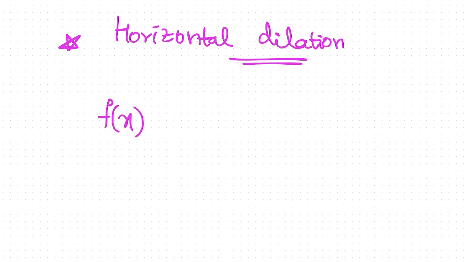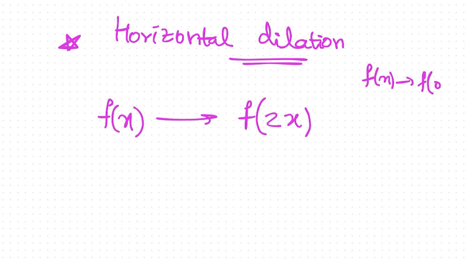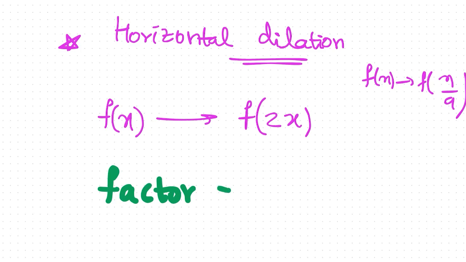So horizontal dilation means, let's say f of x becomes f of 2x, or f of 0.5x, or f of x by 2, x by 3, x by 9, whatever. The factor by which it is being dilated, the formula is actually: whatever the coefficient of x you see, you flip that.